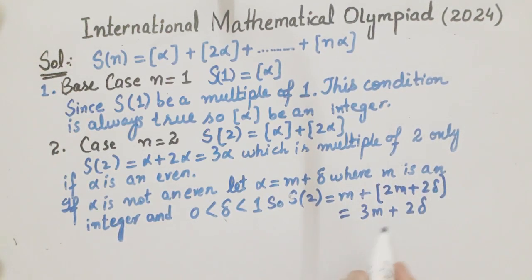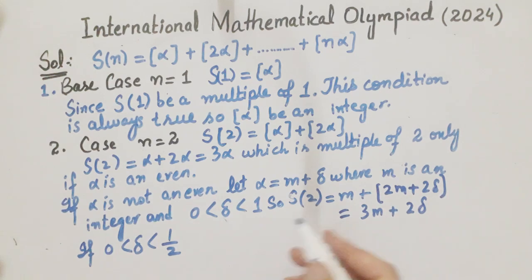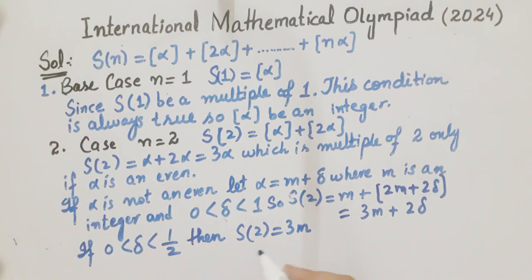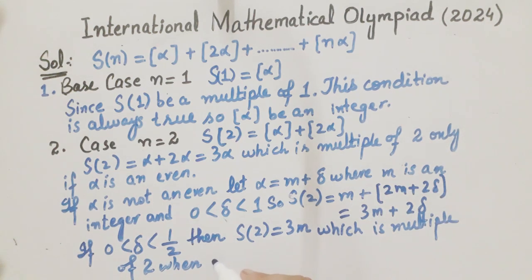Now the value of epsilon is between 0 and 1. So if 0 is less than epsilon and epsilon is less than 1 by 2, which is possible because it lies between 0 and 1, then S of 2 is equal to 3m, which is a multiple of 2 when m is even.